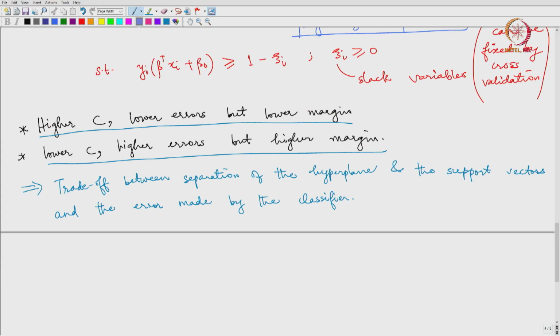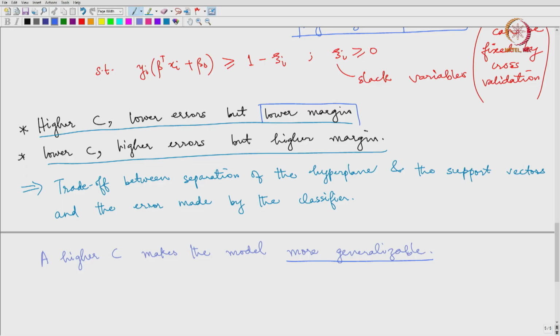Okay. So, a higher C makes the model more generalizable typically, right, because you have a lower margin. So, that means you are not insisting too much on hard margin, and that means that the model is not so rigid.